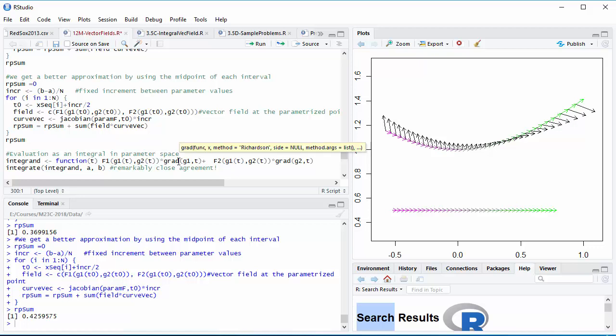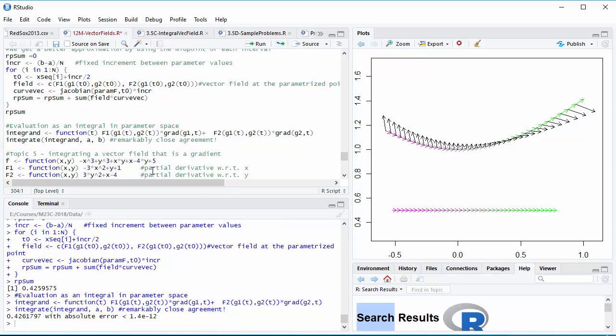Grad in this Jacobian package calculates partial derivatives. Then I do the same thing with the second component, add them together, integrate this function from a to b, and I get a result that's remarkably close to what I got when I did my numerical approximation using midpoint Riemann sums.